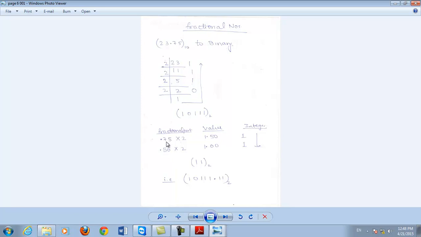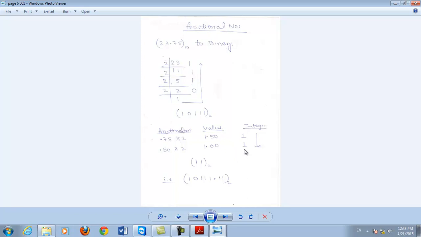Again you multiply it by 2. The answer will be 1.00. In this 1.00, again we take the integer portion and 00 is the fractional part.